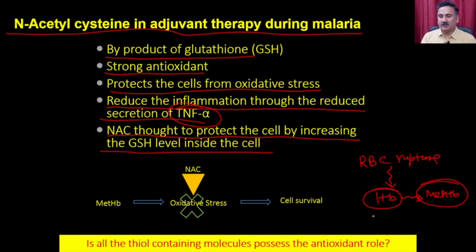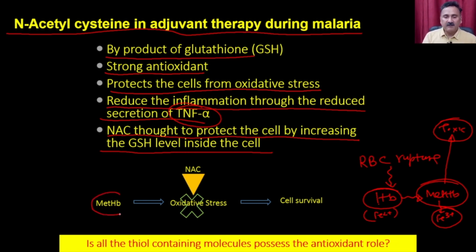So hemoglobin contains the iron as iron 2 plus, right? Whereas when the iron is present as iron 3 plus, it is called methemoglobin. And because of this conversion, the methemoglobin is very toxic, right? So it can cause a lot of toxicity issues, right? And that's what happens during malaria.